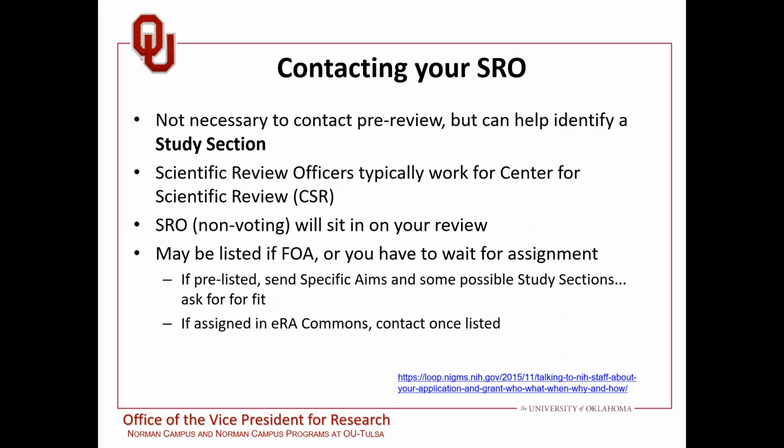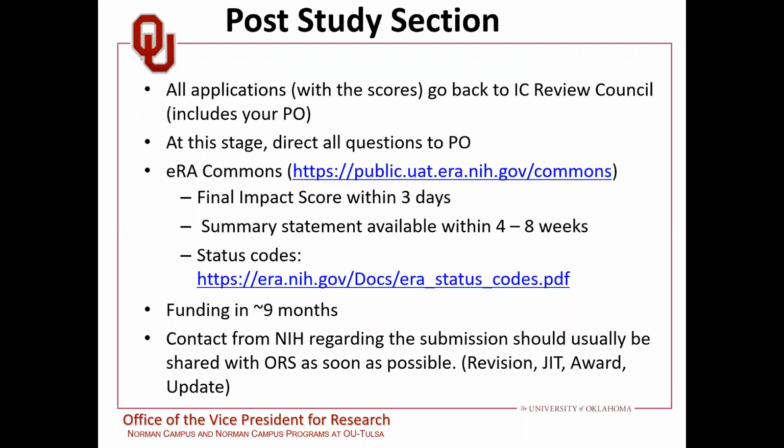There is a site that you can go to that has more information about the different people who look at your application and the impact that they have on decisions that are made or the formation of the review panels. When all the applications are done and the scores are received back from that review panel, it goes to the IC Review Council.